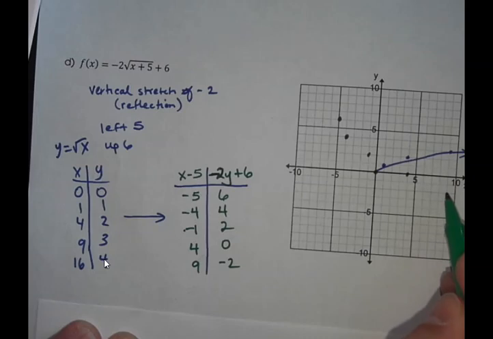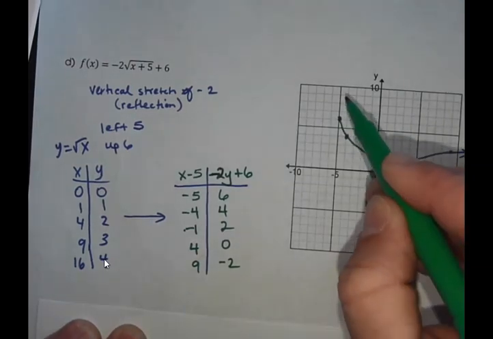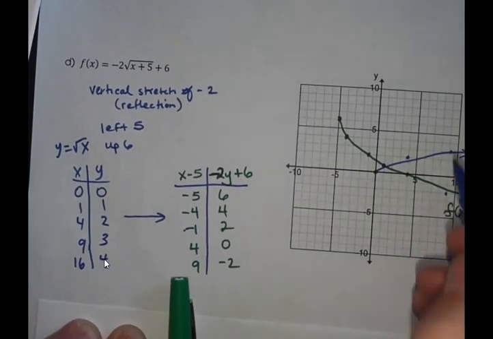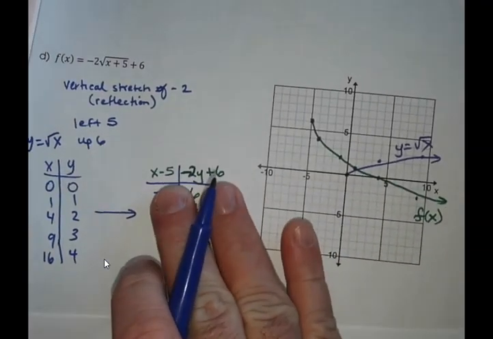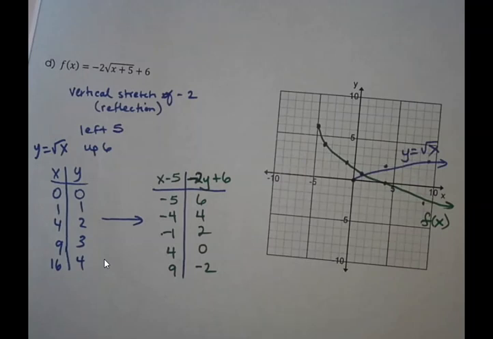And 9, -2. So there's my f of x. And this is my parent function. So all I did was plot points. All right, good luck, and we can take it up later.